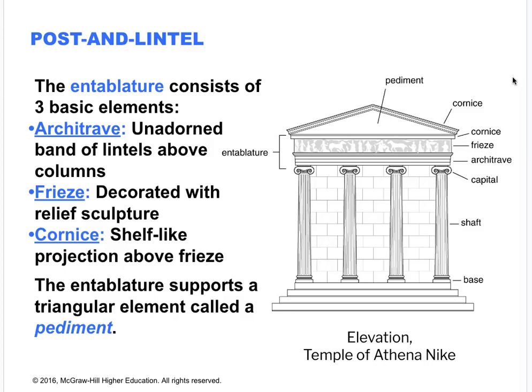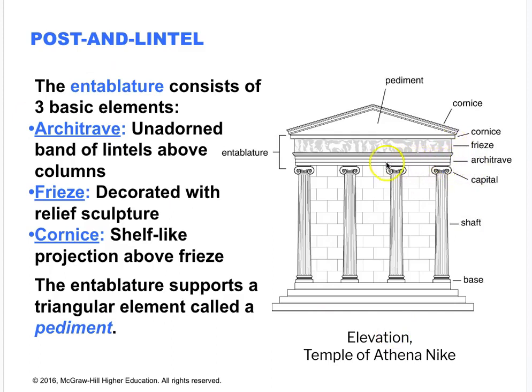So this is actually a drawing, and we call that an elevation, showing the side view of the Temple of Athena Nike. That is where the word Nike comes from. I better clarify, I think I said on the other slide that this could have scenes on it too.